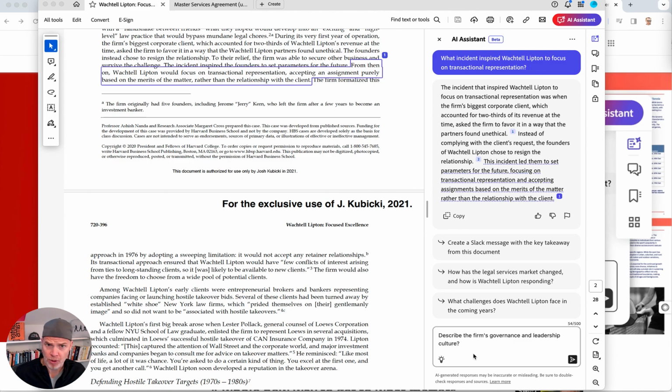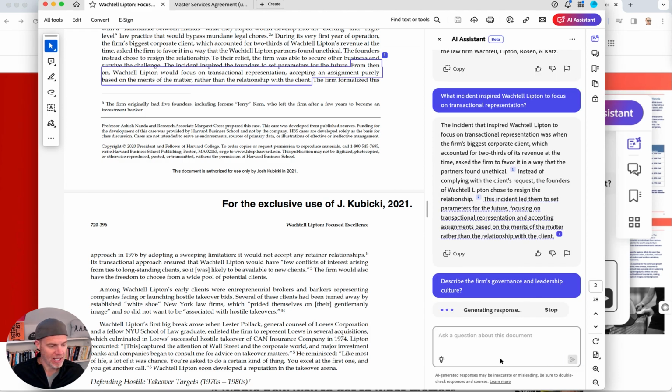It uses partner quotes, and I already understand what this culture and governance and leadership regime is, and how it's described in this case study. I'm going to be interested to see, does it summarize it? Does it actually pull passages out? Let's see. I don't know how fast it is, so I'm trying to stall here. Sorry for the ums and uhs, but I also want to give you a sense for how fast this is moving.